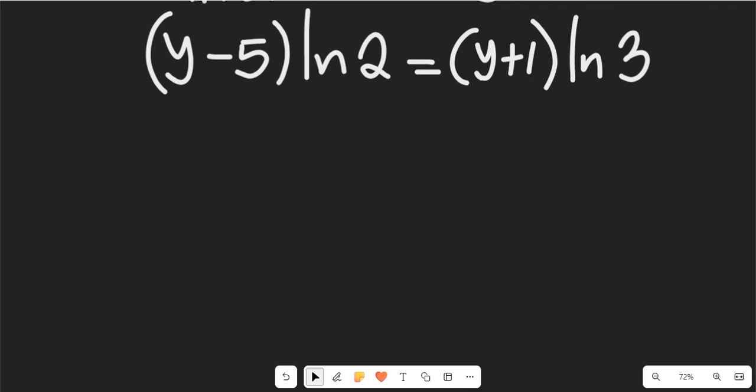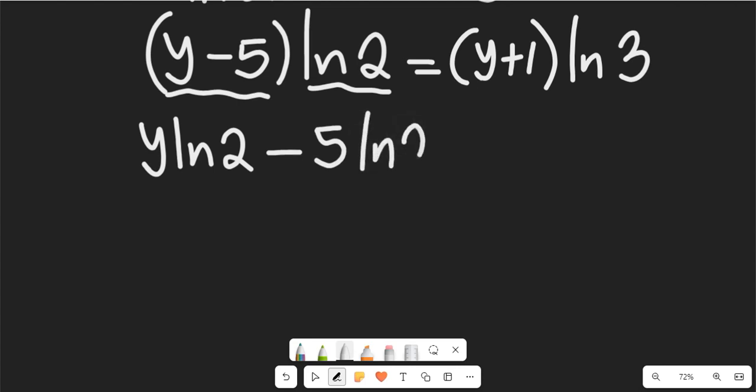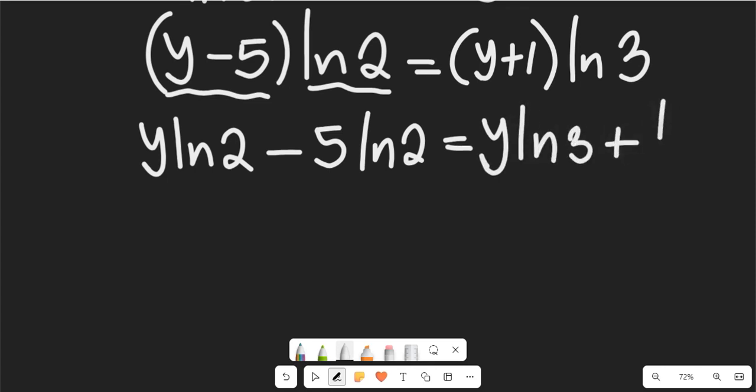So according to the rules, this can multiply this expression, and then we can expand that. If we expand that, we are going to have y natural log of 2 minus 5 multiplied by the natural log of 2, and this will be equal to y multiplied by the natural log of 3 plus the natural log of 3.